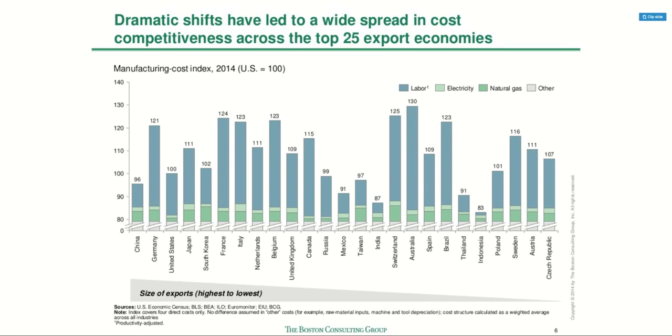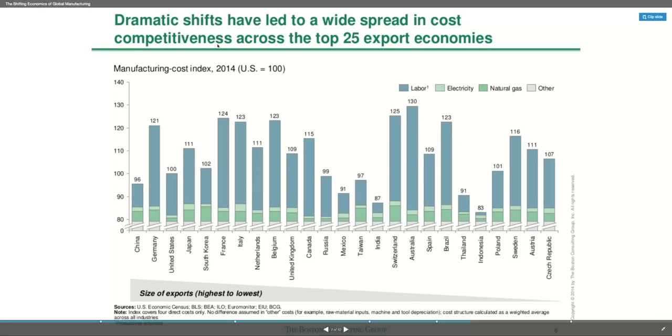Imagine if this title wasn't very clear and you had to look through this data to try to discern, like maybe you only had this secondary title, Manufacturing Cost Index 2014, US equals 100. That's what I usually see, people put a title like that, and then we're supposed to decide for ourselves what we should take out of it.